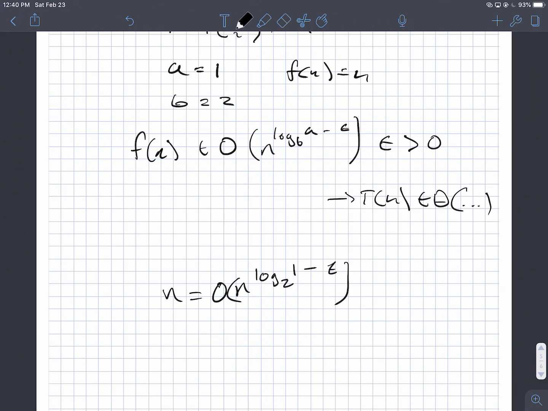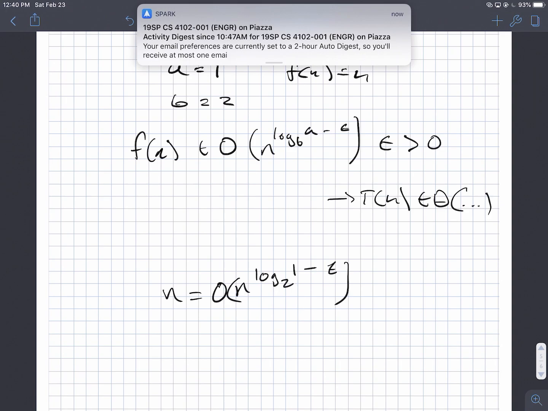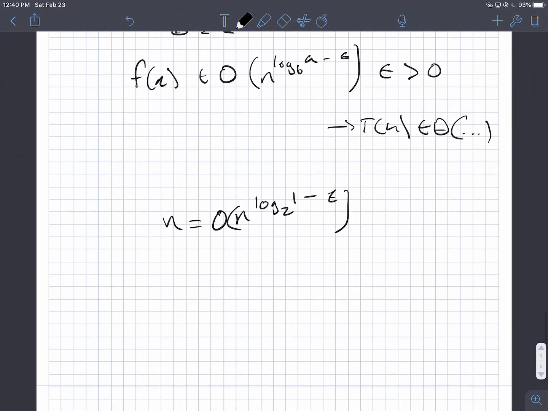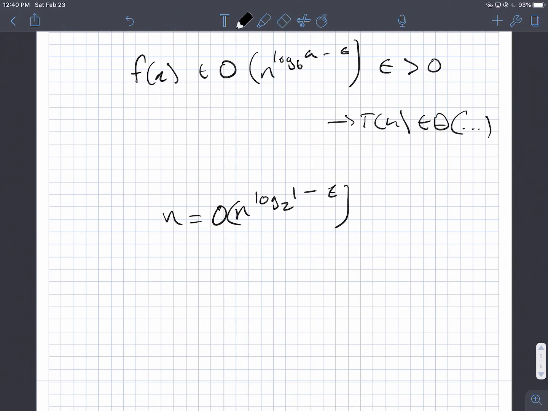Simplify log base 2 of 1. No, we can't. Log base 2 of 1 is 0, and 0 minus any positive epsilon gives you something too small, a fraction. So we can't apply this case.